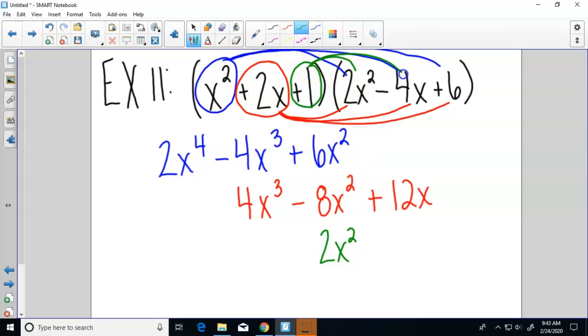And then 1 times negative 4x is negative 4x. Look, it lines up with the other x's. And then my last term right there is the positive 6.